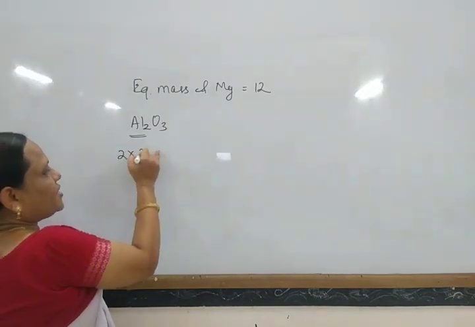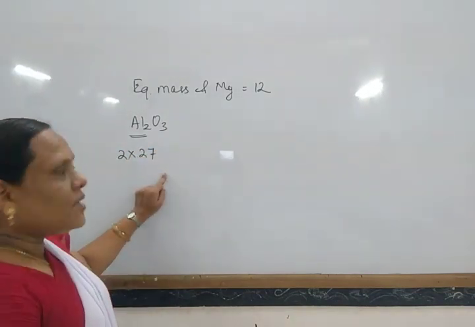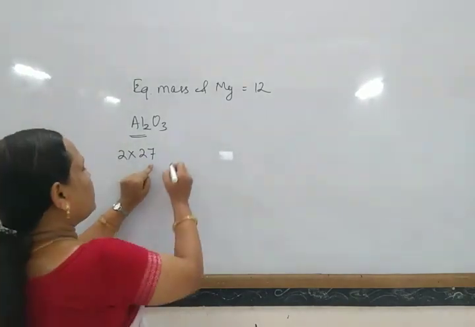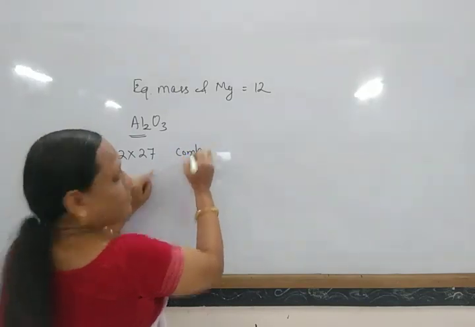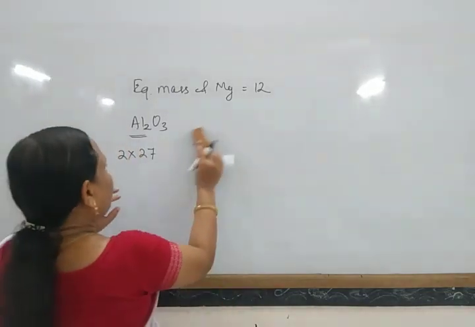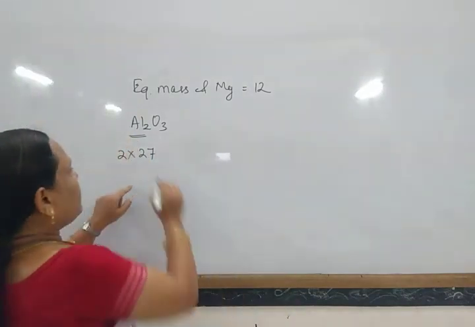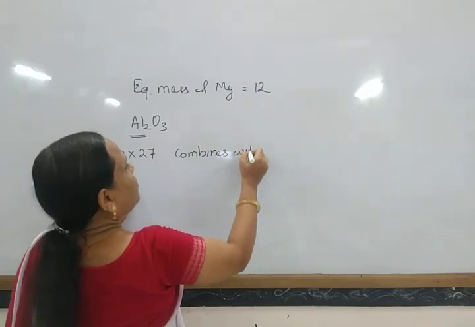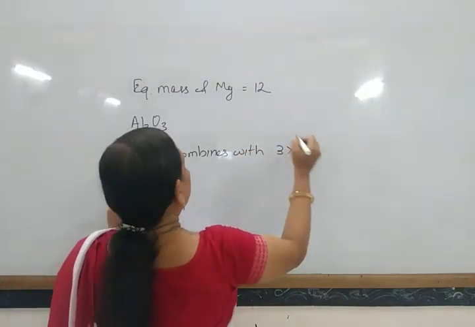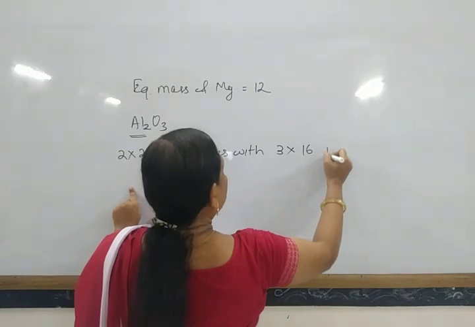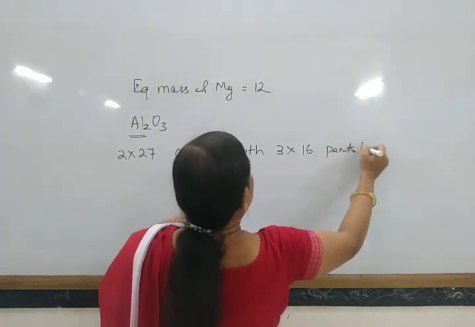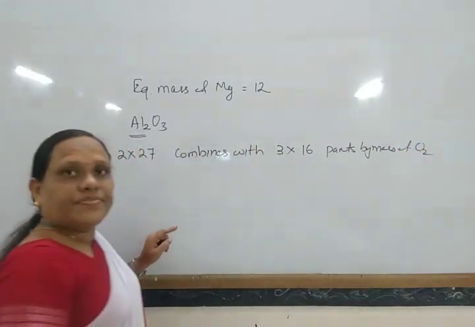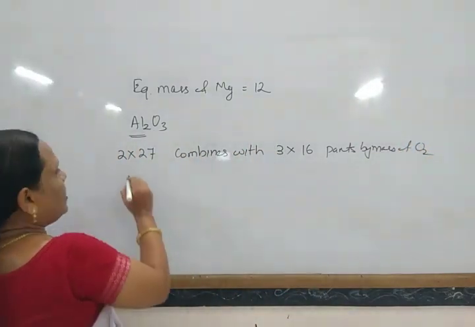So 2 into 27 parts by mass of aluminium combines with 3 into 16 parts by mass of oxygen.